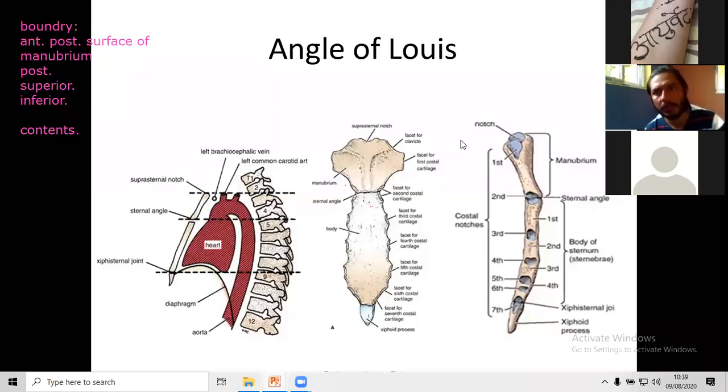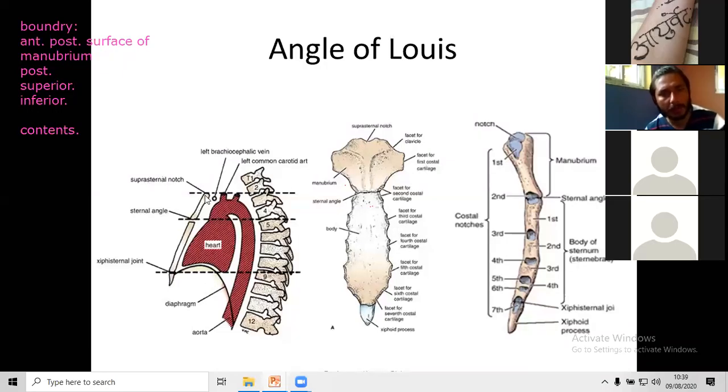Are you listening? Yes, sir. The manubrium is part of the sternum only. If you say sternum, this whole thing will be sternum, and the whole sternum is not related to the superior mediastinum. Only the manubrium is related. So the anterior boundary is the posterior surface of the manubrium, or directly you can write manubrium only. So this is about the anterior boundary.